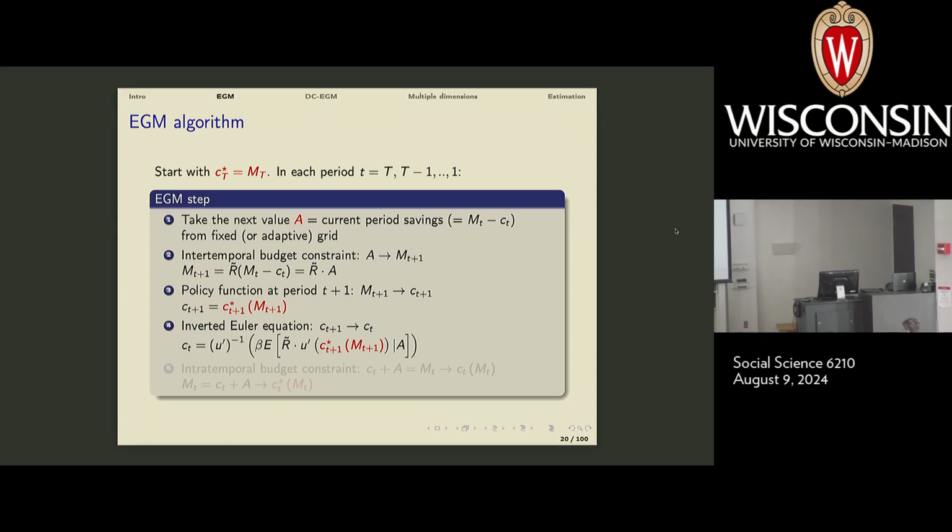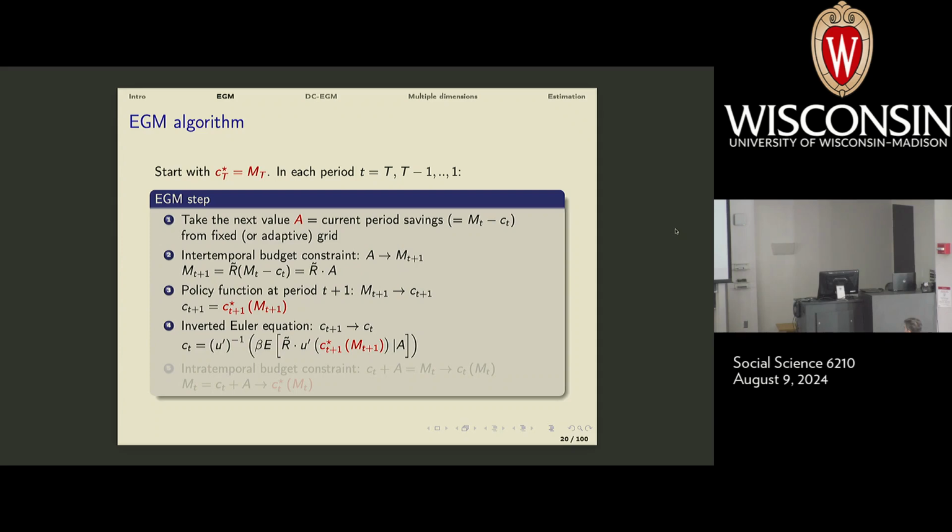And now imagine that the marginal utility is invertible analytically. For CRRA, this is going to be true. For log, it's going to be true. For CES, it depends. But imagine that this is invertible. And that means that this analytical expression now gives me the optimal level of consumption today. Okay, is this clear?